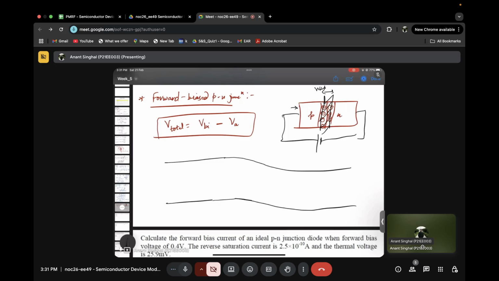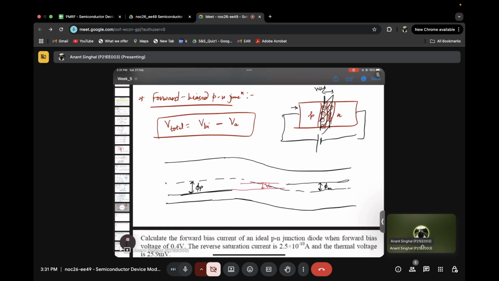So what do we have is we have the EI. So we have this. So we know that this is phi P. Let's say this is phi N. And the change in these two only is the applied bias, right? So this is VA.